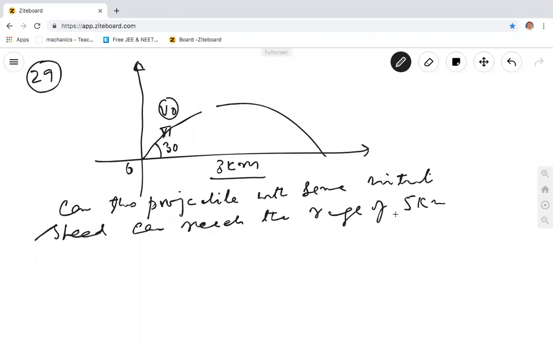That is the question. Meaning, if I adjust the angle to 45 degrees so that it can go to the maximum range, can it go to a 5 kilometer range with this velocity?